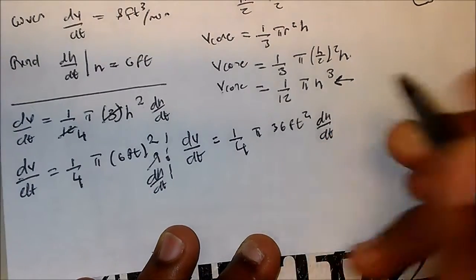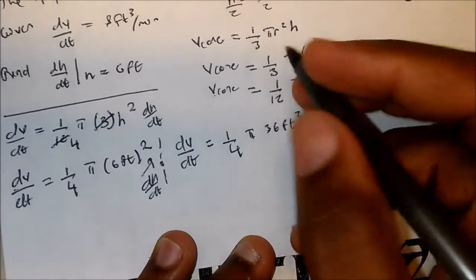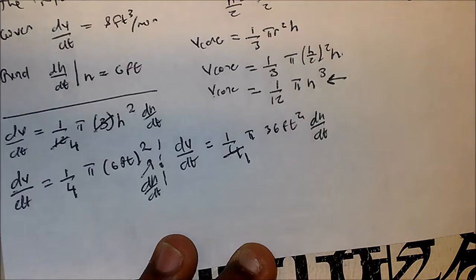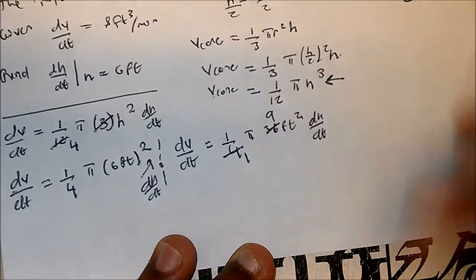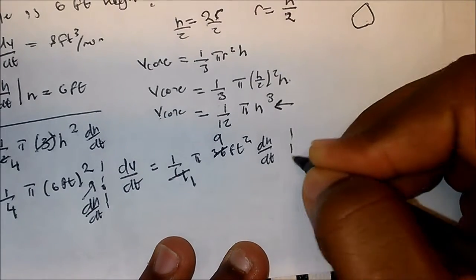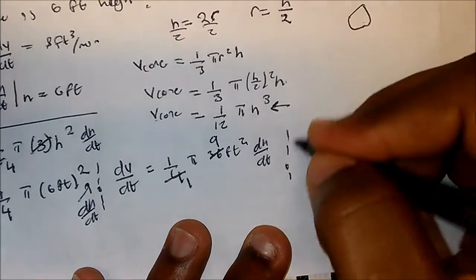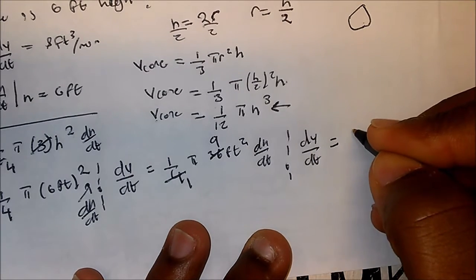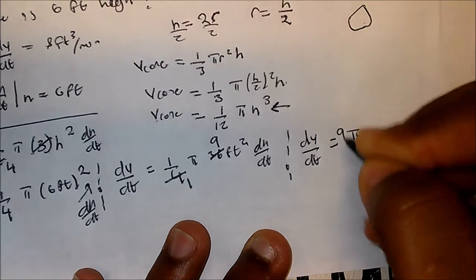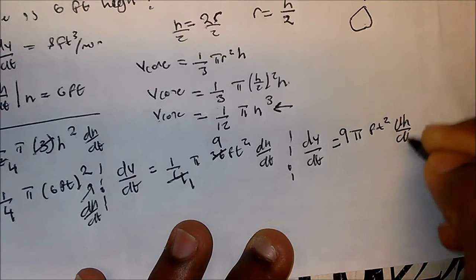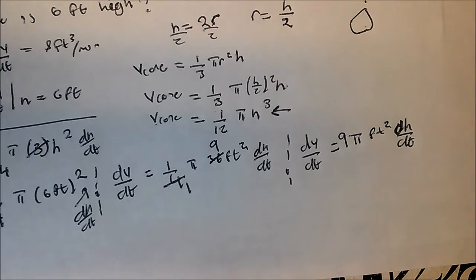So once I plug in to get my 36, 4 goes into 4 once, and 4 goes into 36 nine times. So we have dV/dt equals 9 pi feet squared times dh/dt.